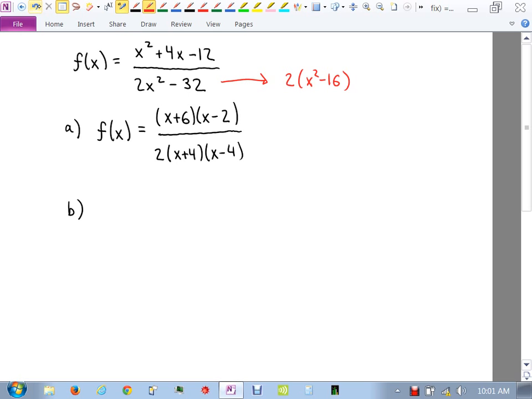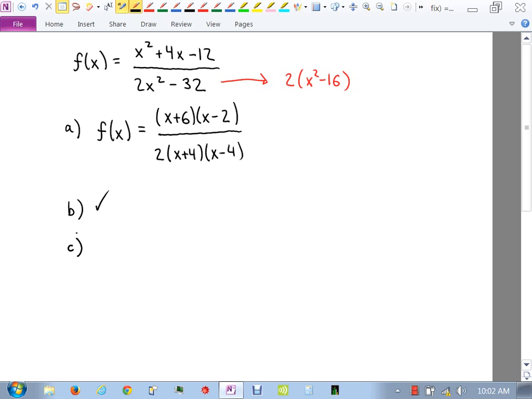I never give students functions that have holes in them. But this process, the steps, I wanted them to be complete, so I included it in here. I wouldn't expect to see that on a test. So on this step, I'm just going to put a check mark next to it as in everything that's canceled. If it could be canceled, is canceled. What's next step?